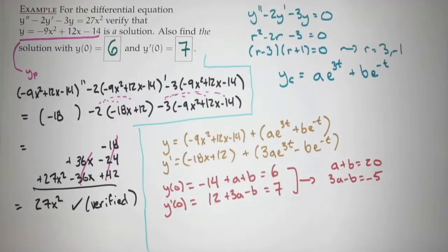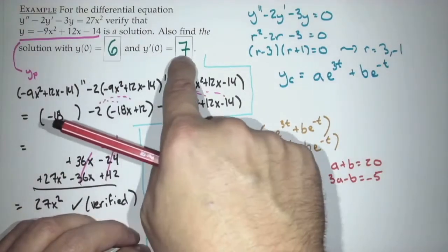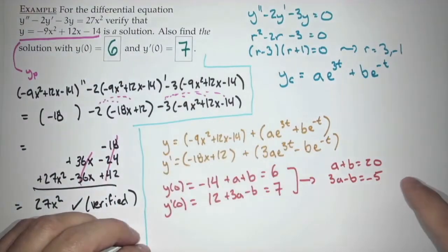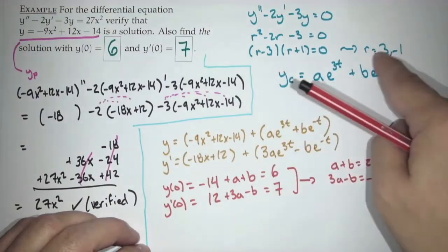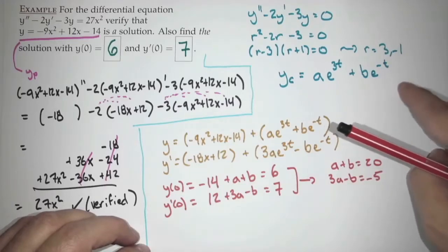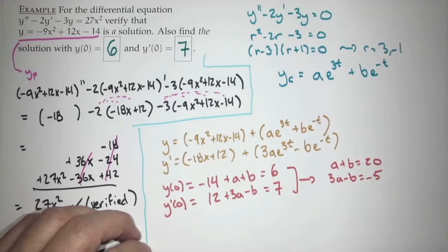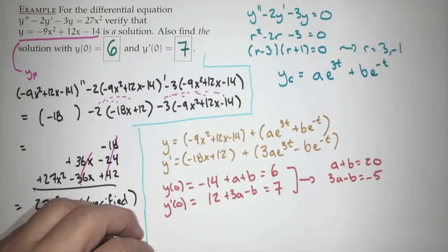Life is good. So we thought our initial conditions were 6 and 7, but secretly it's like going back to our homogeneous part and asking if we can solve for 20 and negative 5 as our initial conditions. And we know we can, because the homogeneous part says, I can solve anything. That's why we know we can succeed.